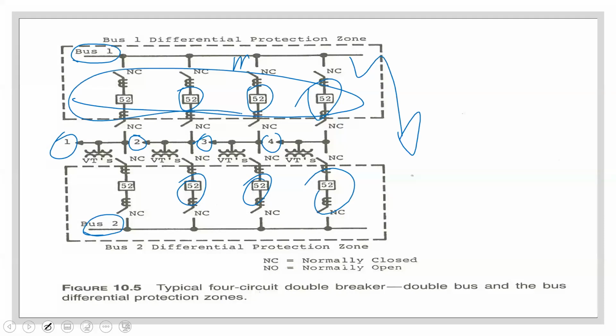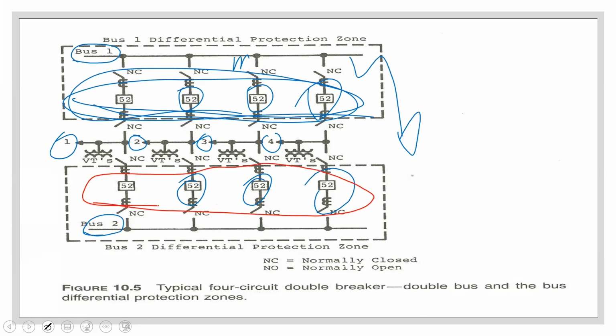But although they trip, the customers on feeders 1, 2 to 4 would not even know that they have had a fault, because although all these breakers have tripped, all these breakers would remain in service. So the customers wouldn't even know what was happening. But as I said before, it is expensive, and you would have to determine whether or not these customers are important enough for that consideration.